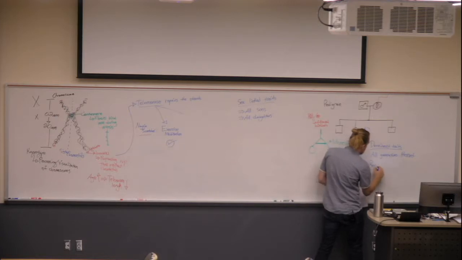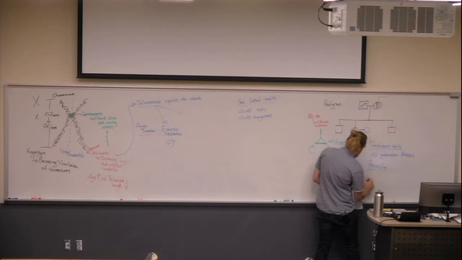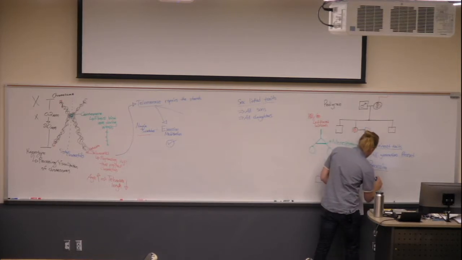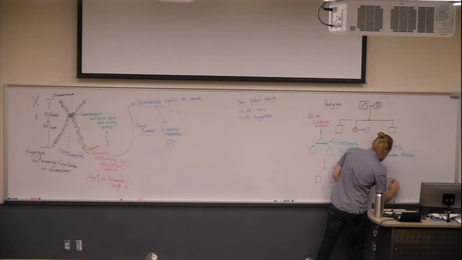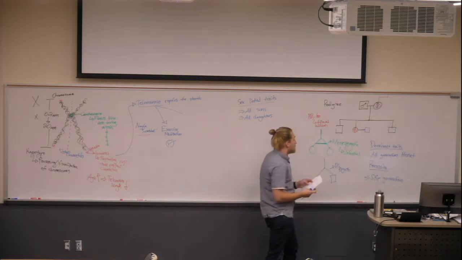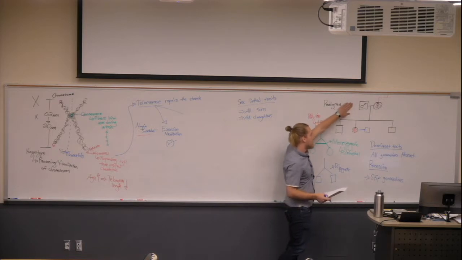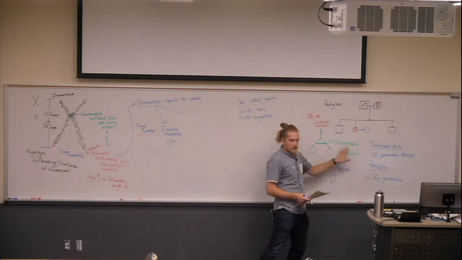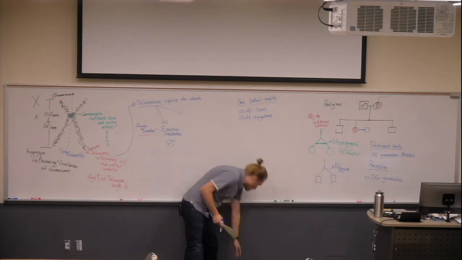In contrast, if it's a recessive trait, then the phenotype would tend to skip generations. And that's fairly intuitive. So you can really tell that easily in a pedigree. It'll be like all color, no color, some color in the grandchildren, something like that. Okay.